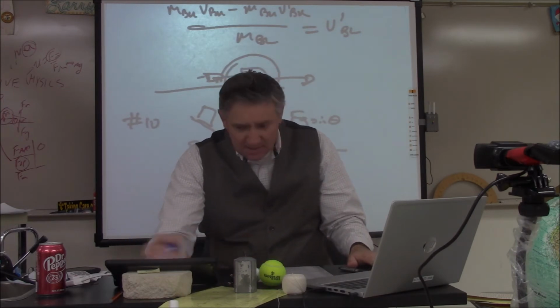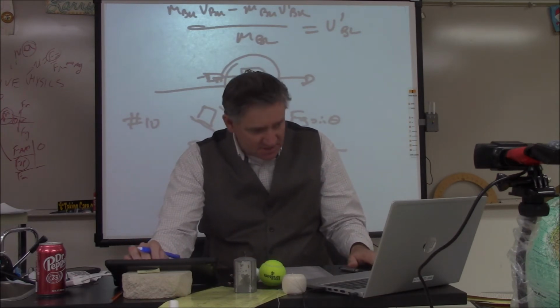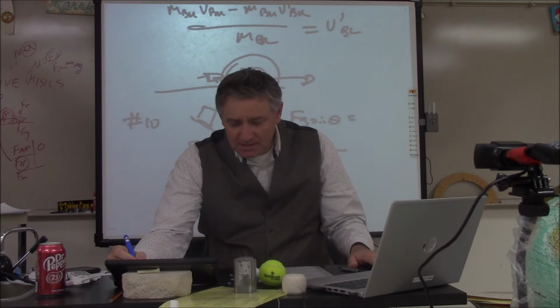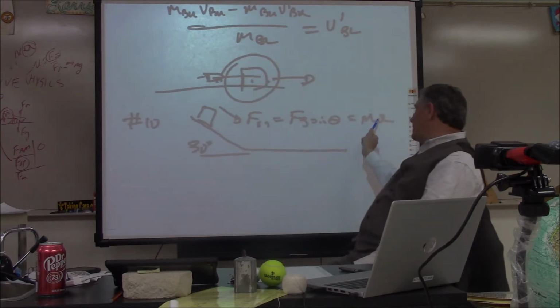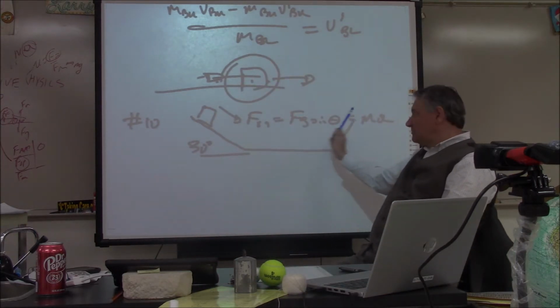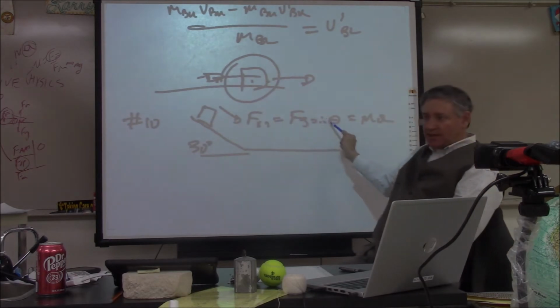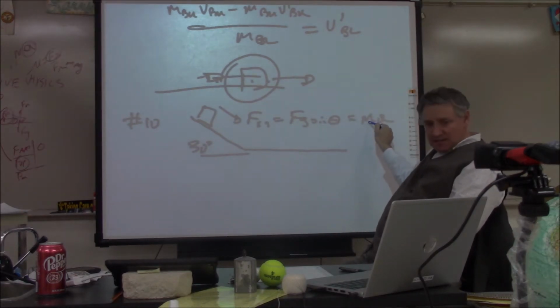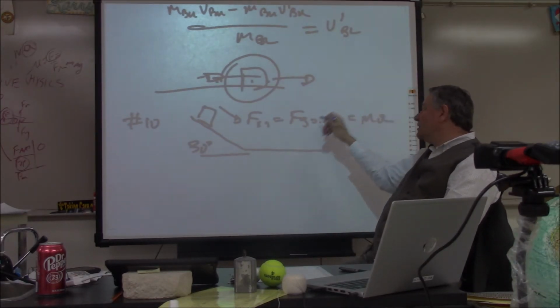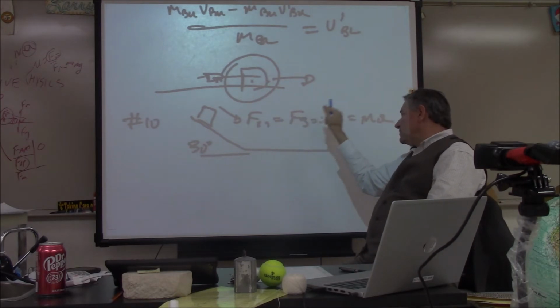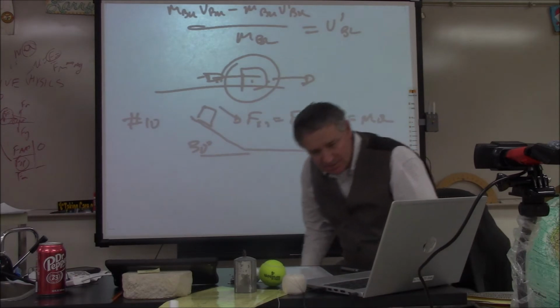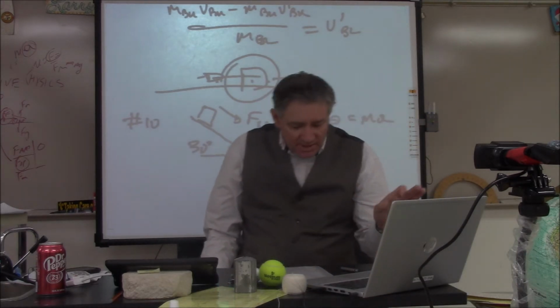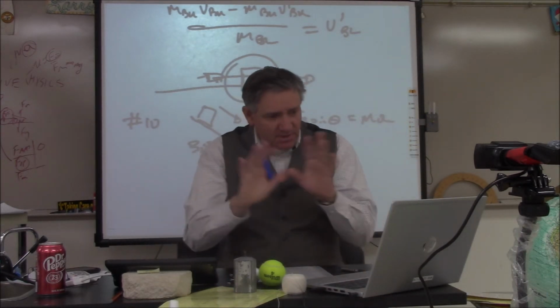At the end of the day, this force parallel, which is Fg sine theta, is going to equal the net force, which is mass times acceleration. Take your force parallel, divide that by that mass, there's your acceleration. Once you get your acceleration, then you're going to use that equation.